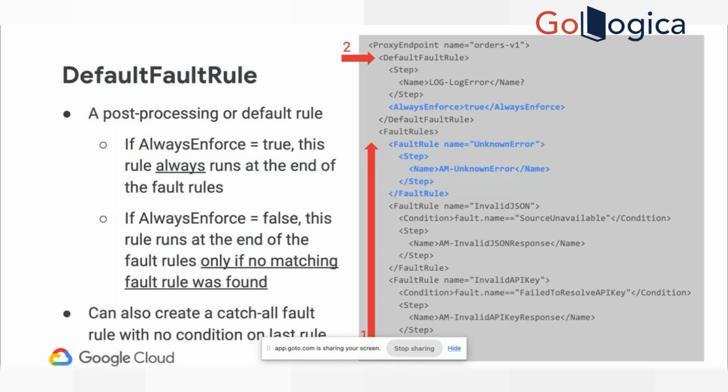After that, if you want to prepare an error log for logging purposes, or set an error header, or put some custom data in analytics, like an error id, those kinds of common error policies you can put in the default fault rule, so that the error message is set in some other fault rule, either a specific one or the last one where there is no condition, the generic error message.